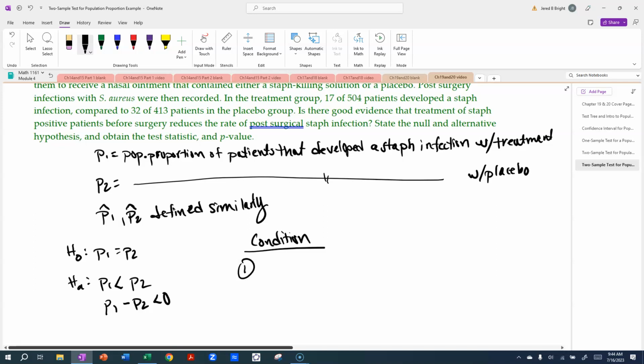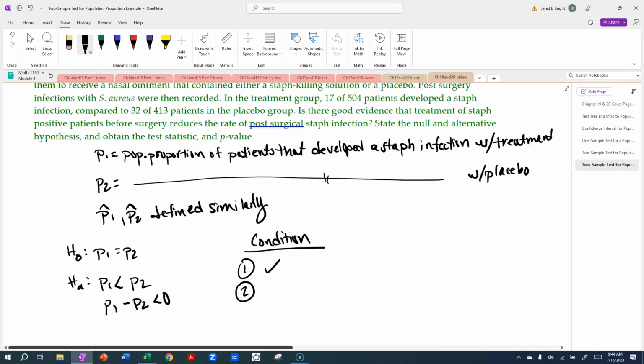Well, kind of. My better question would be, were the 917 people initially recruited via simple random sample? That would be a better question to ask, but here the random assignment is enough to satisfy our condition of SRS.